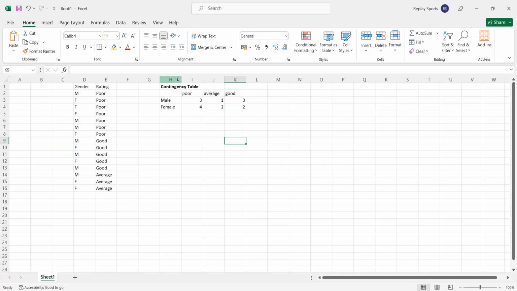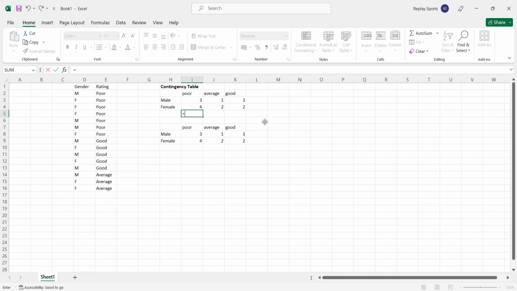Now I'll copy this here. What is the total number of values in this? So for each row you have to calculate the total. Sum.